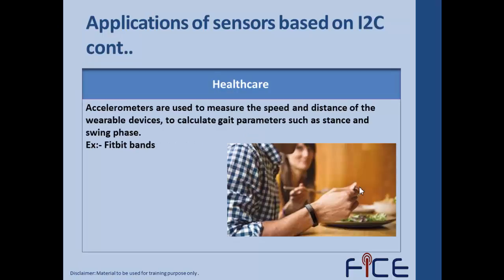Coming to the healthcare industry, accelerometers are used to measure the speed and distance of wearable devices to calculate gait parameters such as stance and swing phase. Nowadays we all know that wearable technology is expected to deliver valuable services to users to help drive a better lifestyle.